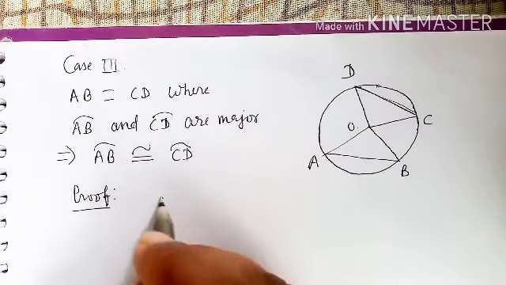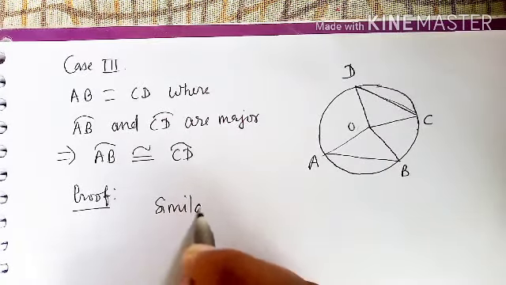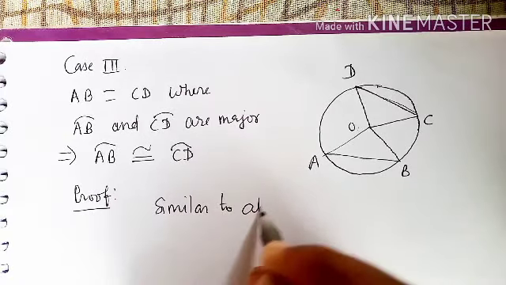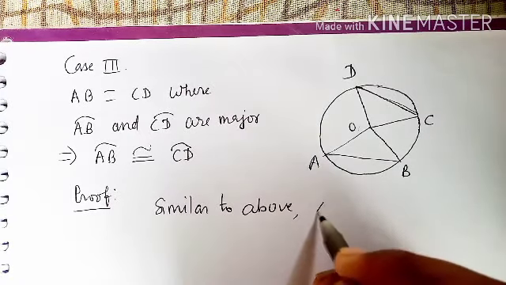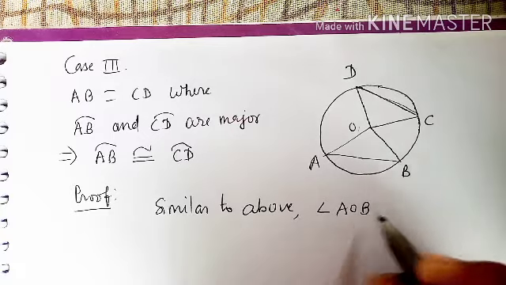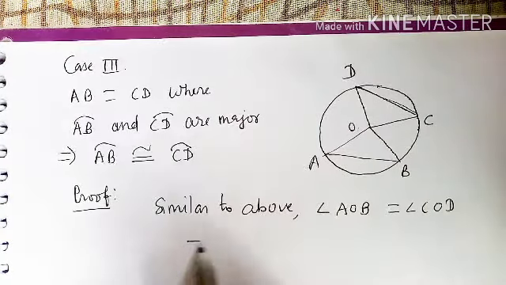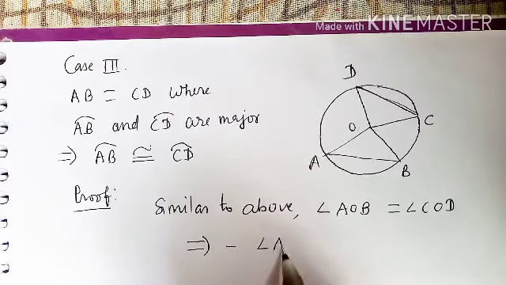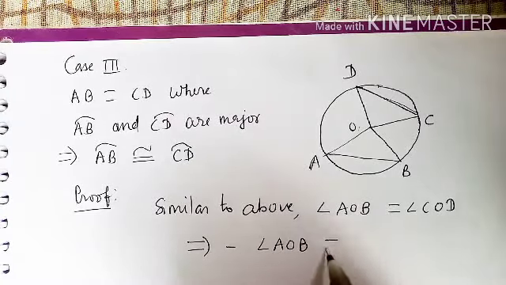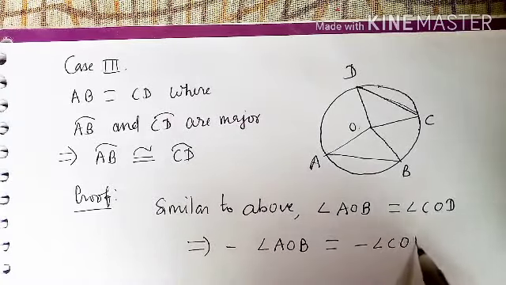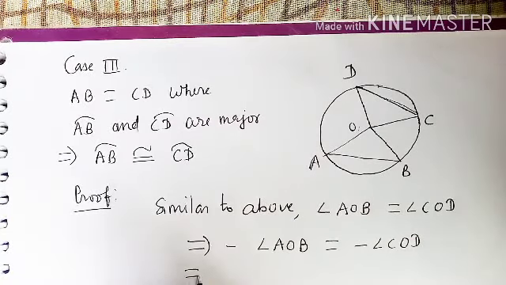Similar to above, we can prove angle AOB is equal to angle COD. This implies that minus angle AOB is equal to minus angle COD. Now we add 360 degrees to both sides.